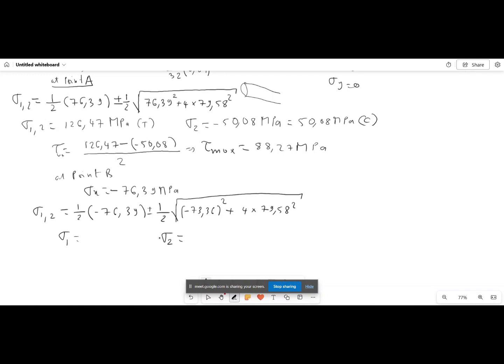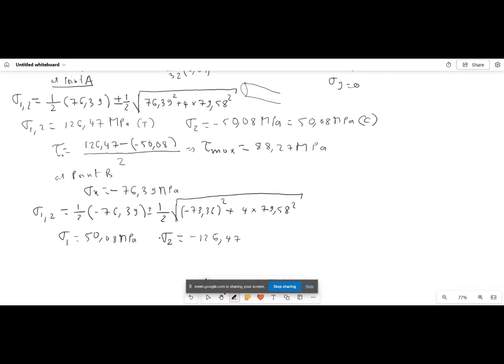Right, 50,08. Let's try to do it quick, guys. Let me check the answer that they got. The next guy is getting negative 126. It's basically the same thing but with opposite signs, so at the end you still get the same answer.